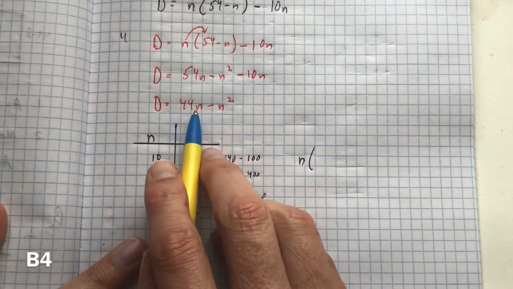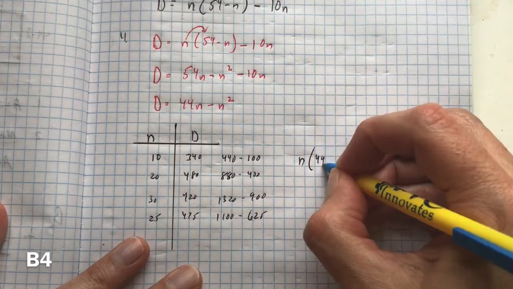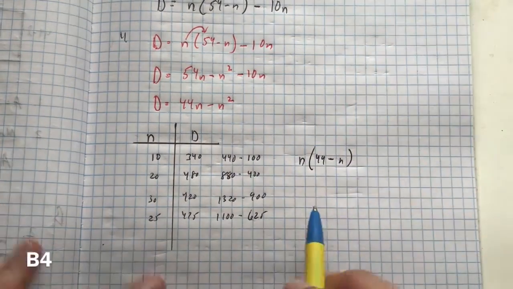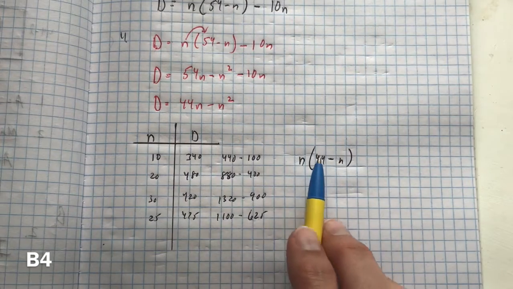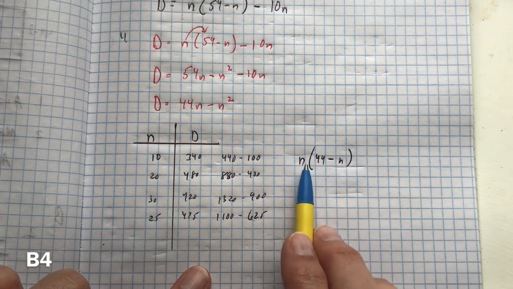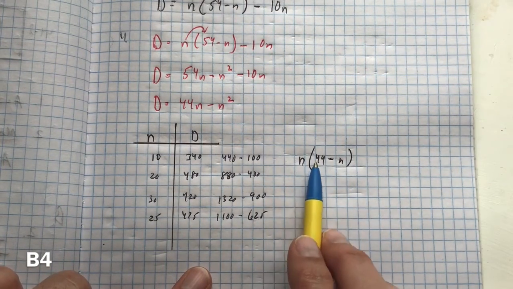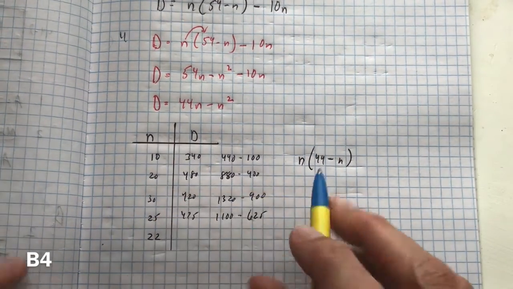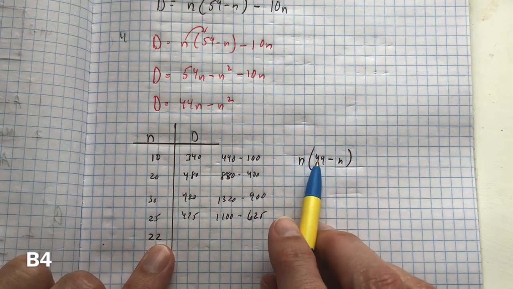But see, if I do 44 divided by n, I would have 44 minus n squared divided by n would be n. And look, this looks a lot like what we saw before. That 44 is telling us that same perimeter situation. So let's actually try 22 to see what that would be, because it's half of that, remember from what we saw earlier.